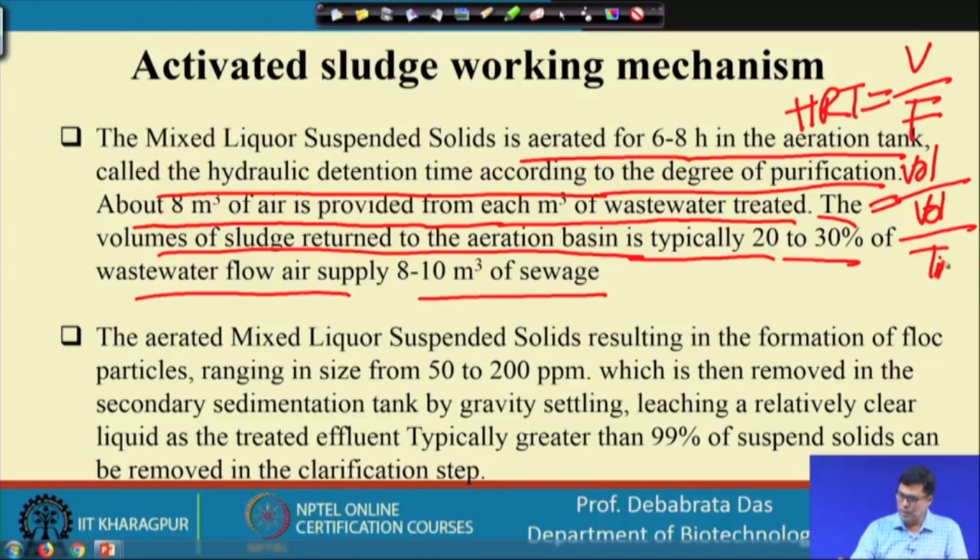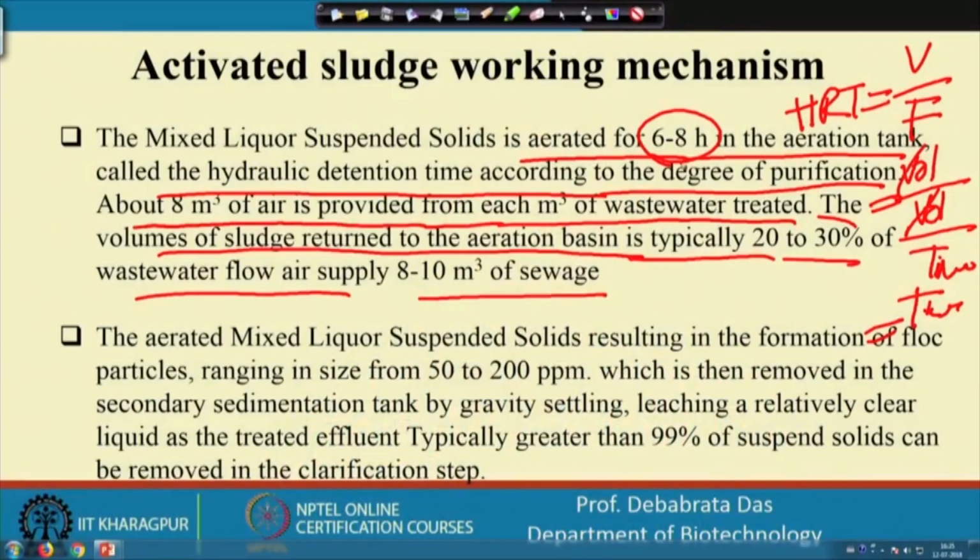So, the volume will cancel, and time will remain. So, this is equal to time. That is the hydraulic retention time, how long the liquid resides in the reactor, 6 to 8 hours. That is the reaction time, the time the reaction takes place, and after that you take it out.